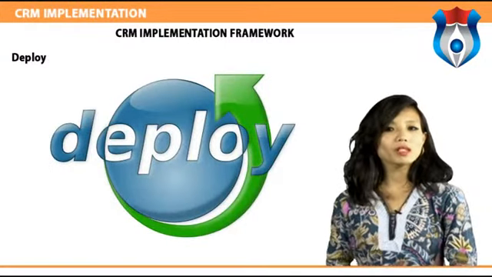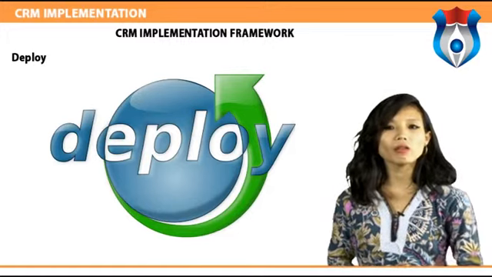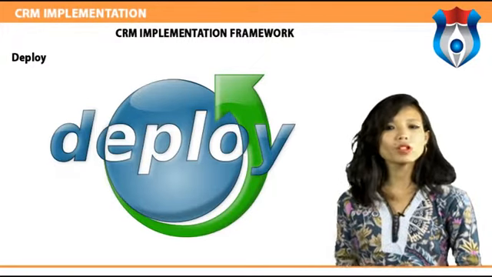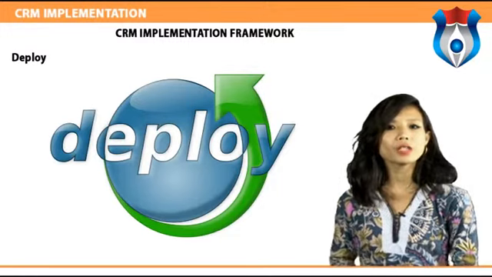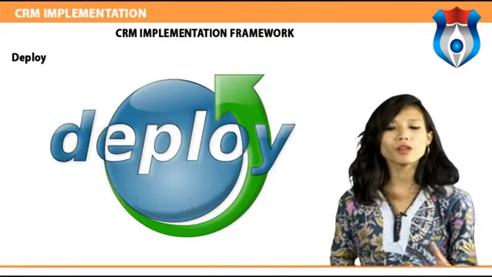Deploy. Once the solution has been built, we will work to execute the QA phase. This may include UAT or BAT and SIT testing. When the solution has been thoroughly tested and is ready to be deployed into production, we will move the solution onto the production cloud or on-premise infrastructure.